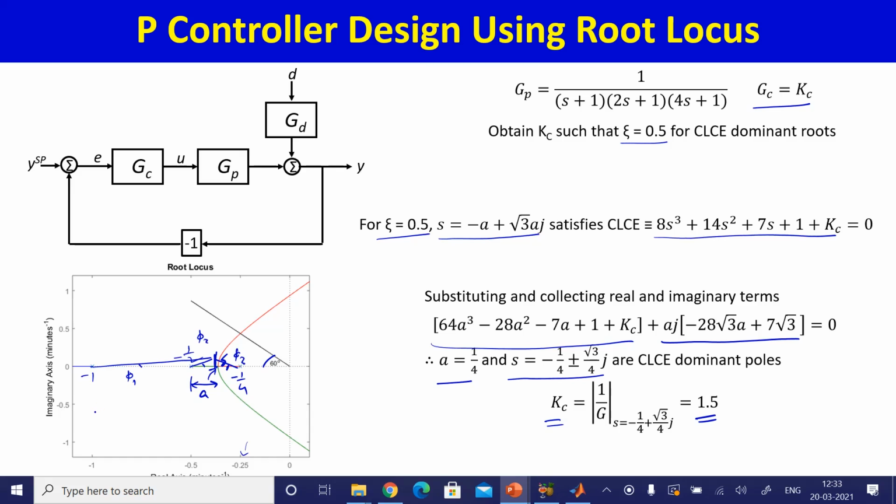So what that means is phi 1 plus phi 2 minus phi 3 must be equal to 0.